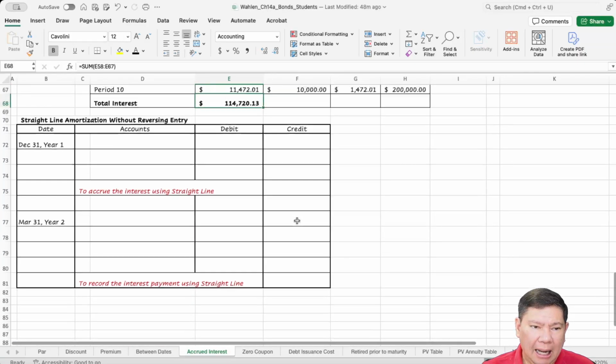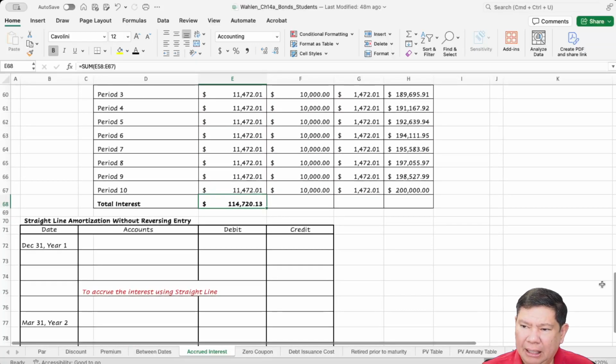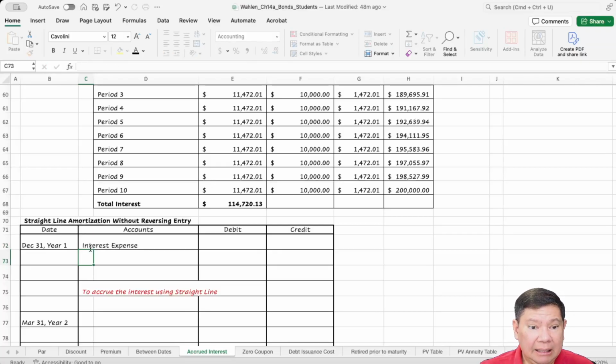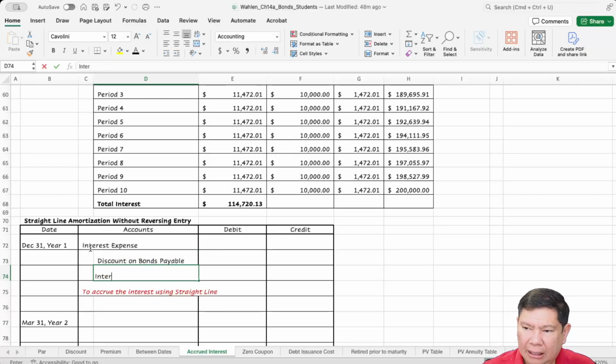Okay, the journal entry then would be interest expense. This is an adjustment for the accrued interest. Discount on bonds payable, and then interest payable, because on December 31st, we're not paying any cash.